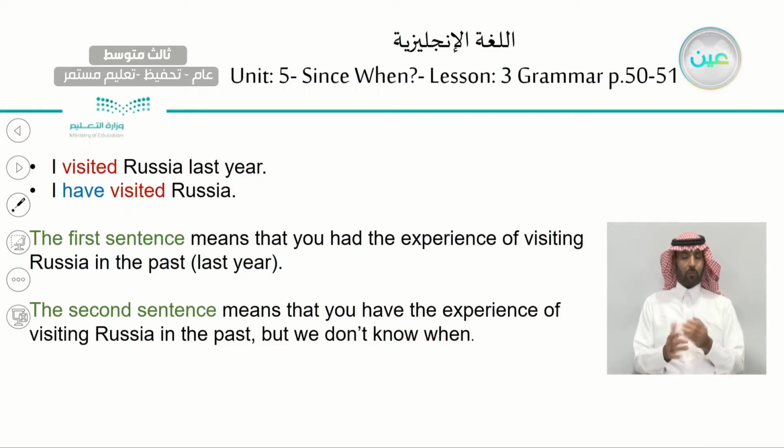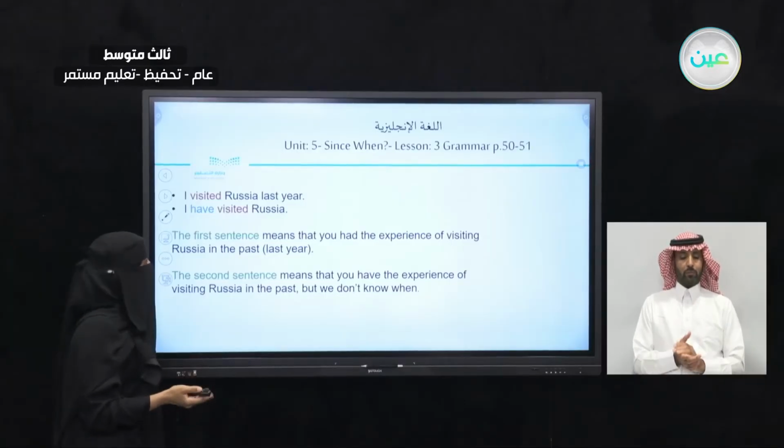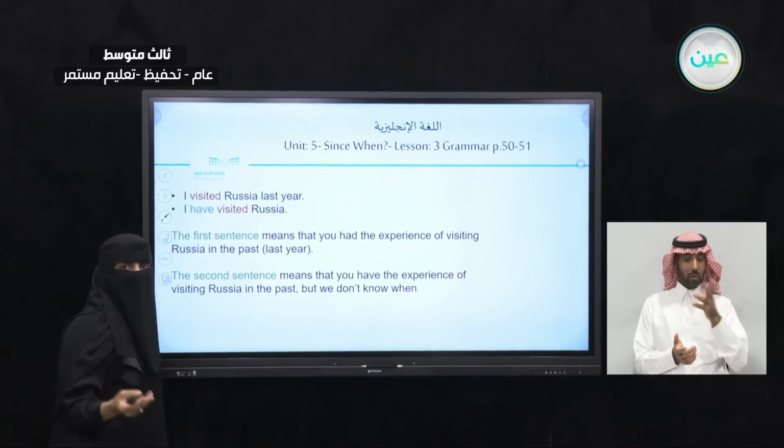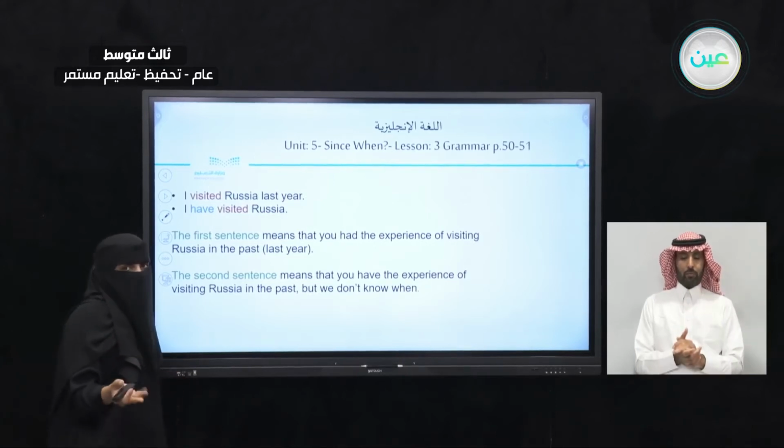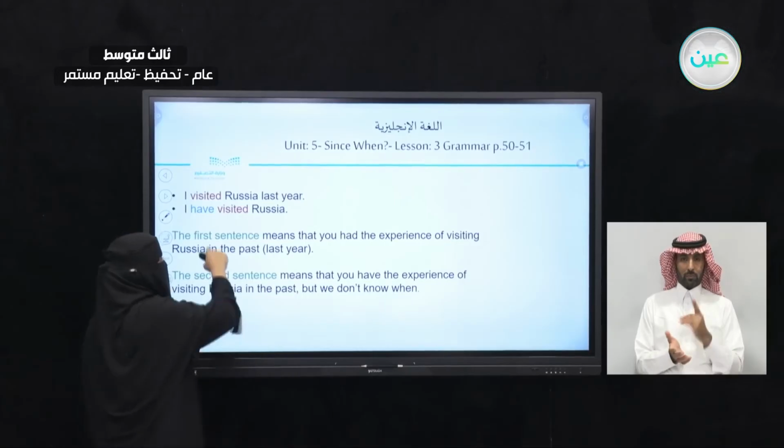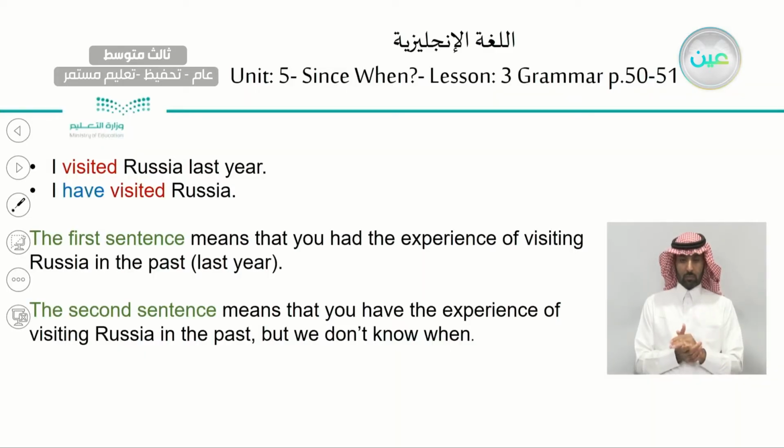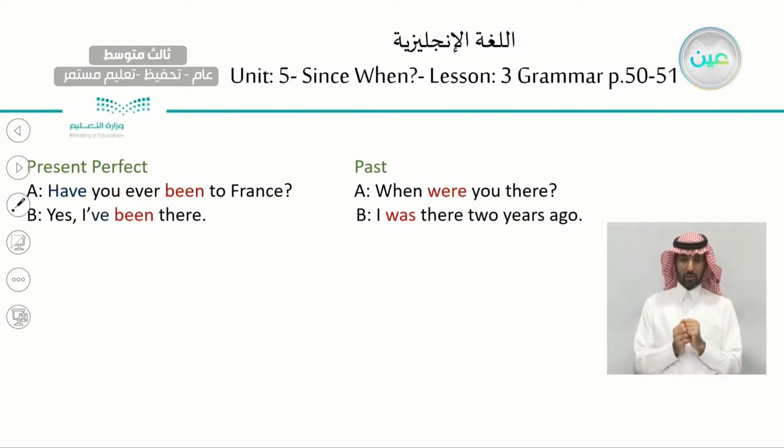We don't know when, okay? It's in the past, maybe last year, 2 years, 4 years ago, you don't know. That's why we used the present perfect, okay?